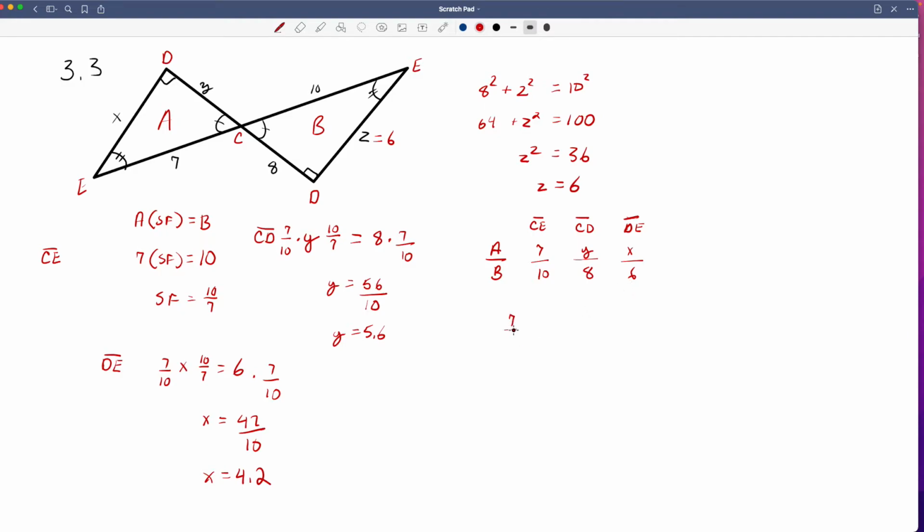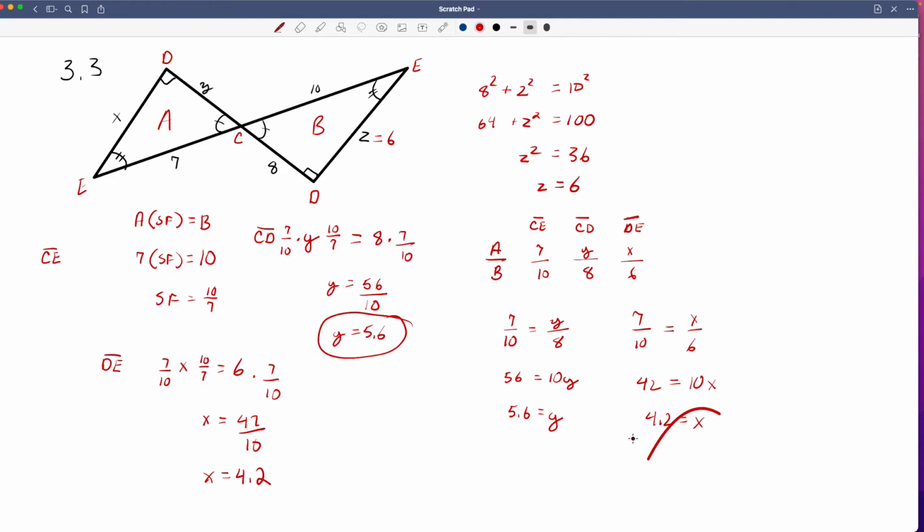Now all we have to do is say 7 over 10 is equal to Y over 8, and 7 over 10 is equal to X over 6, and then we multiply, we get 56 is equal to 10Y, and then we divide by 10, and we get 5.6 is equal to Y, which is the same thing we had here. And 7 times 6 is 42 is equal to 10x. We divide both sides by 10. 4.2 is equal to x.